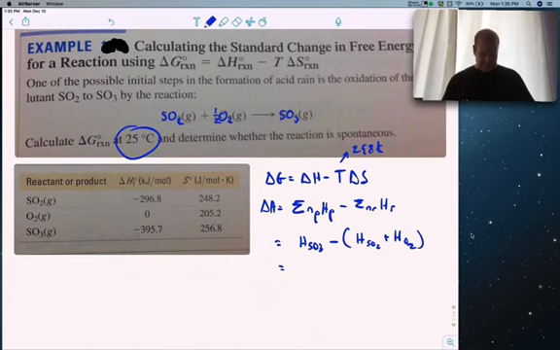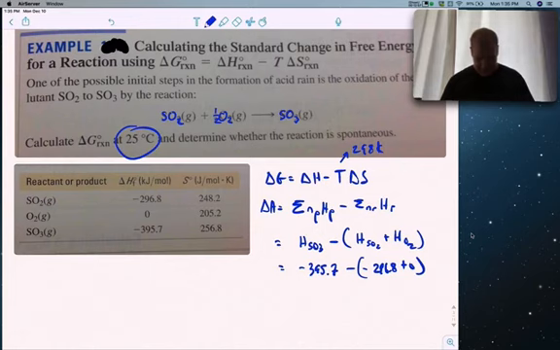This equals delta H of SO3 by the chart, minus 395.7, minus a minus 296.8, plus 0. Let me throw that in my handy dandy calculator: minus 395.7 plus 296.8, and I'm getting these numbers from right here, by the way. This is minus 98.9 kilojoules per mole.